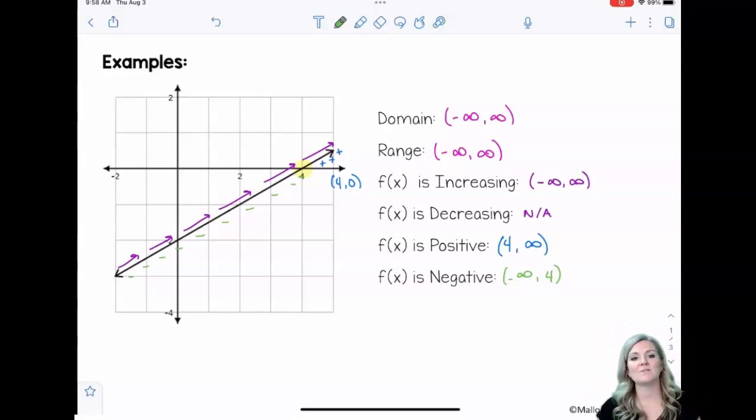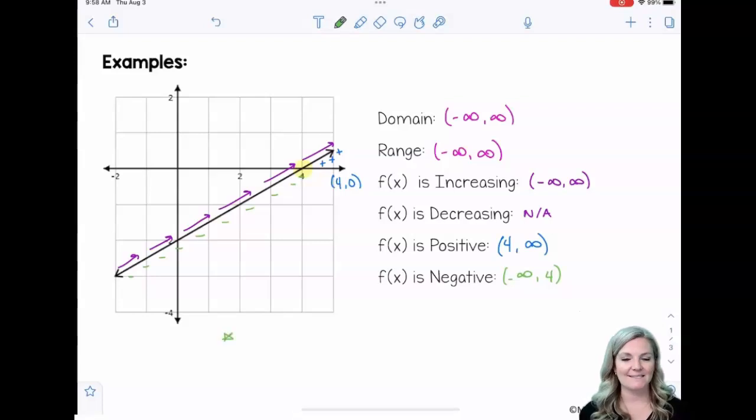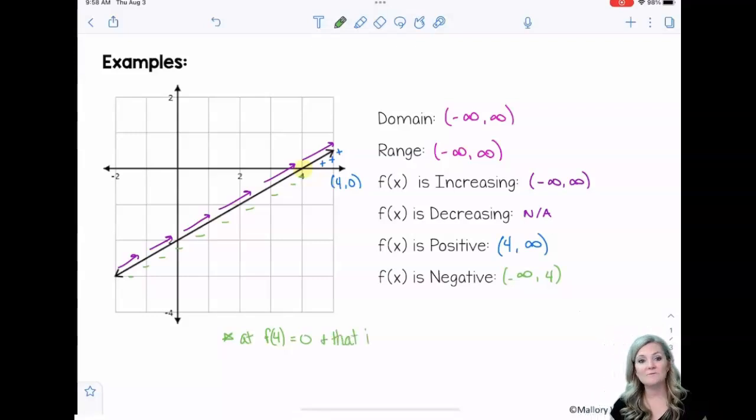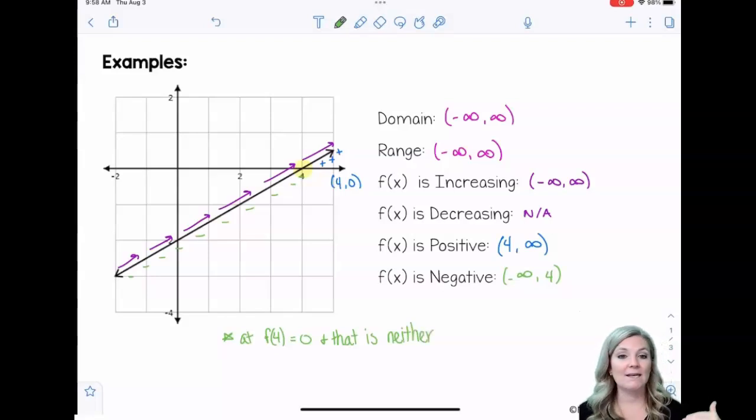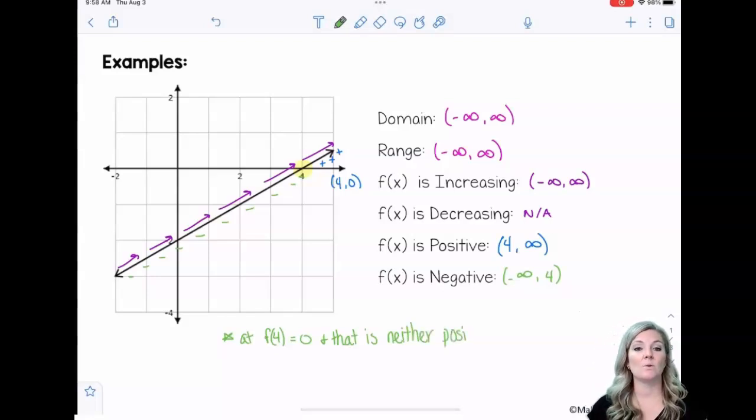So underneath this, I'm just going to add a little piece right here. At f of 4, which is interval notation, 4 is my input, that's going to equal 0. And since 0 is neither positive nor negative, it is not included in either interval, and so it is going to get parentheses.